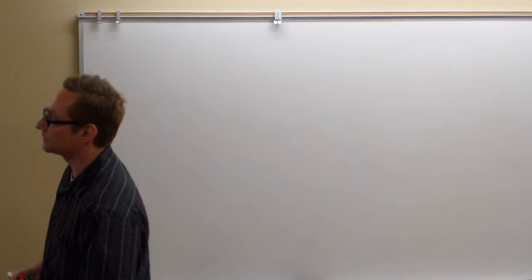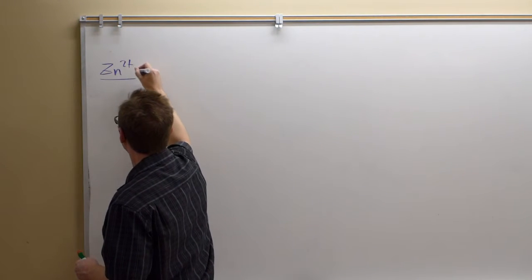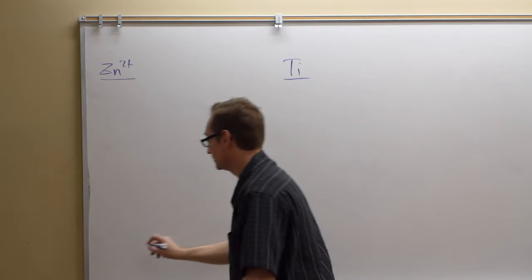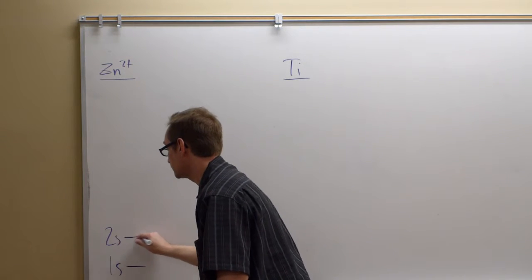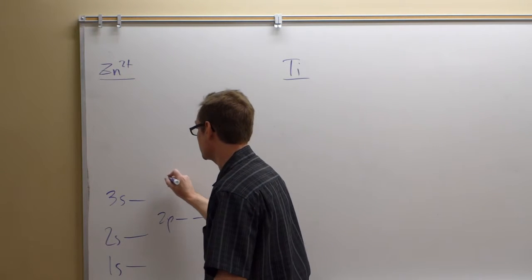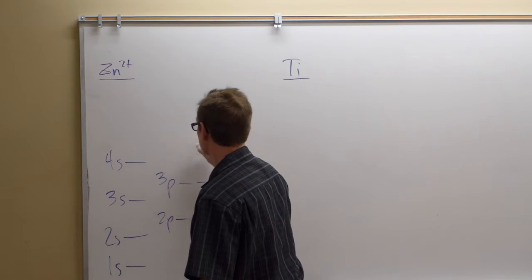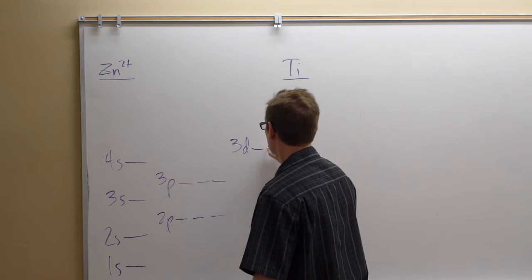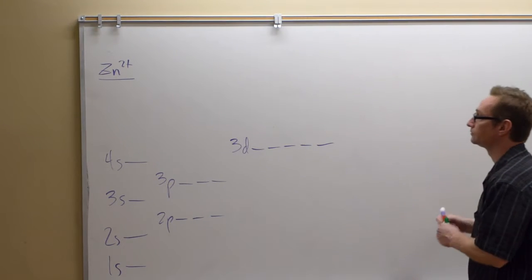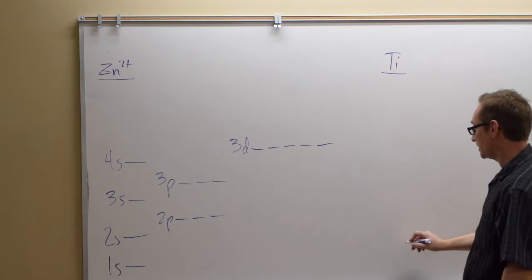So we have zinc 2+, and we have titanium. 1s, 2s, 2p, 3s, 3p, 4s, 3d, right? And then we do titanium, same thing.